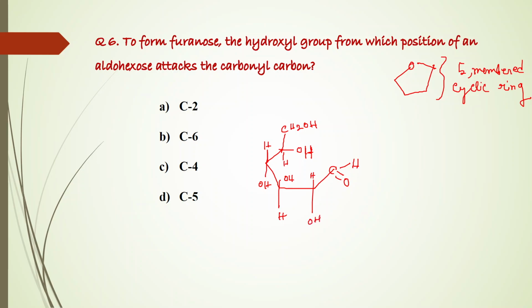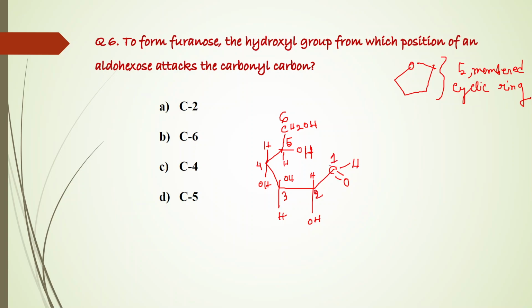After drawing the structure, let's mark these carbon atoms. We know these CH2OH groups always come at the 6th position. This is 6, this one is 5, this is 4, this is 3, this is 2, this is 1.